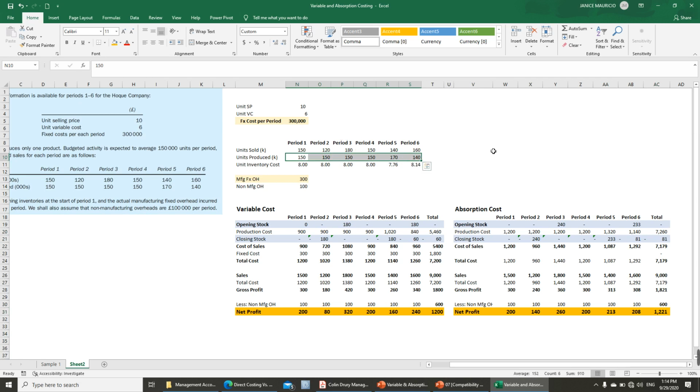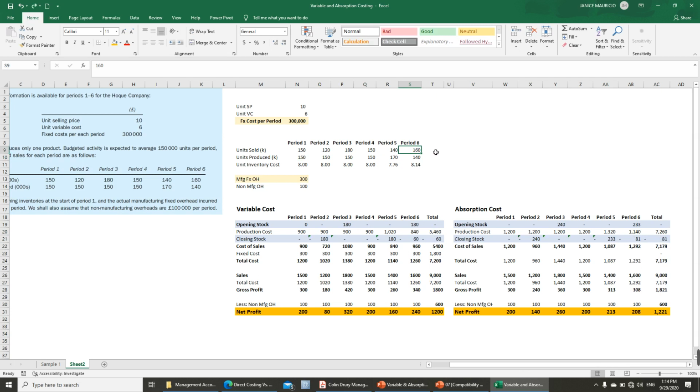So, ibig sabihin, merong natirang inventory. Now, kung walang natirang inventory, actually, what will happen is more likely pareho lang yan ng profit. So, ayan, oh.